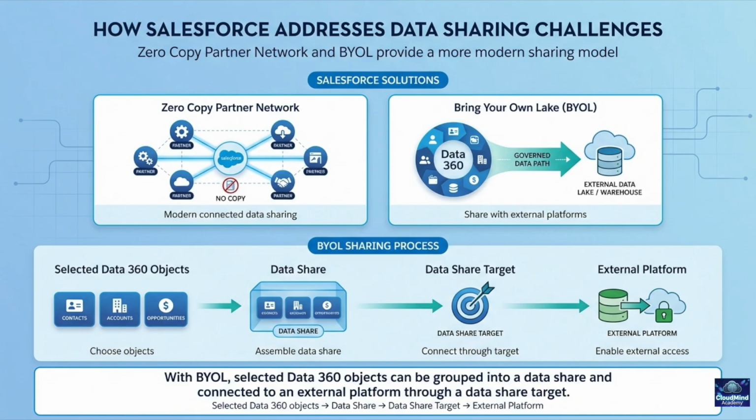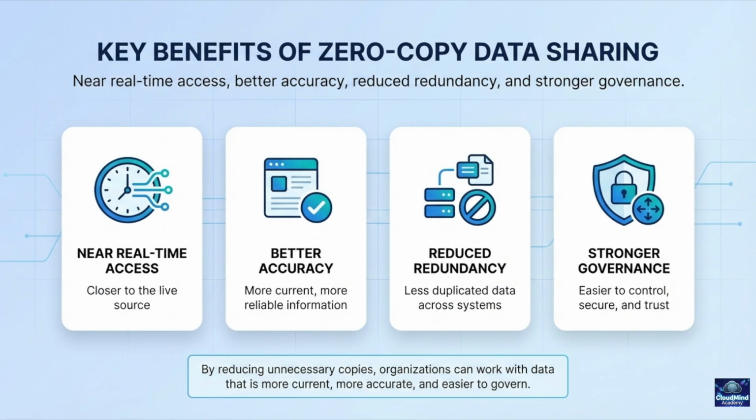Selected Data 360 objects can be assembled into a data share and connected to an external platform through a data share target. From there, this supports zero-copy data sharing, which means data can be shared and queried without being moved into another copied environment. And as a result, organizations get near real-time access, better accuracy, reduced redundancy, and stronger governance.